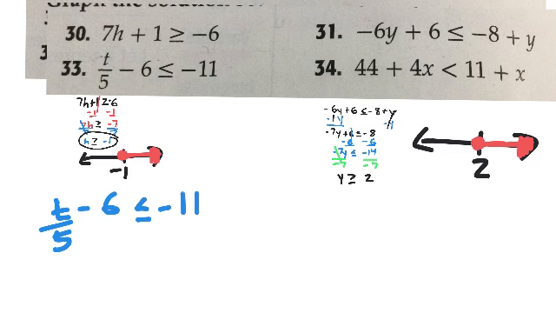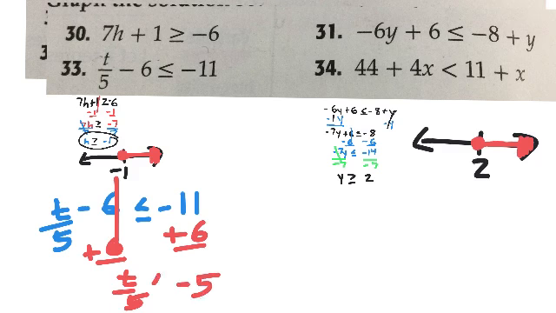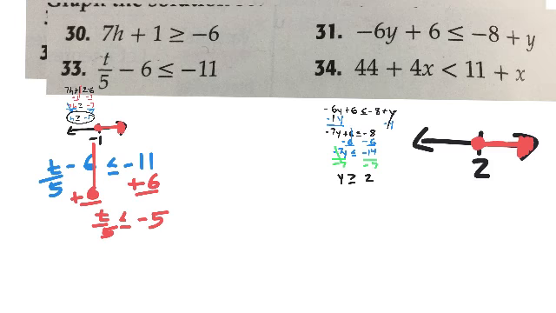So there is no x, so we're good. Do I want to get rid of dividing by 5 or subtracting 6 first? Subtracting 6 is farther away, so we would add 6 to both sides. That should give me t over 5. Negative 11 plus 6 is negative 5. And my inequality should still be facing the same direction.